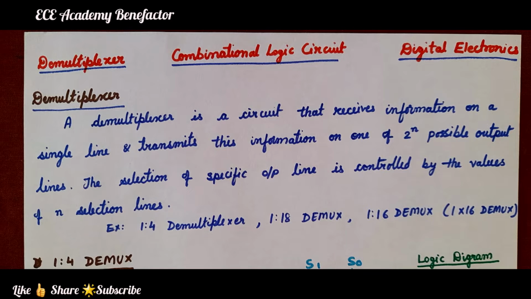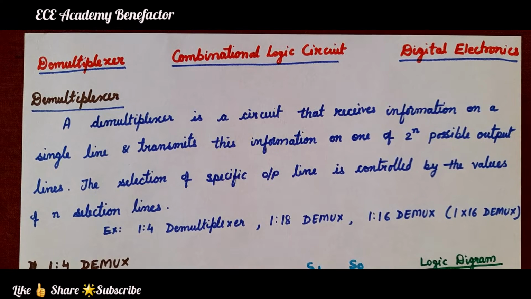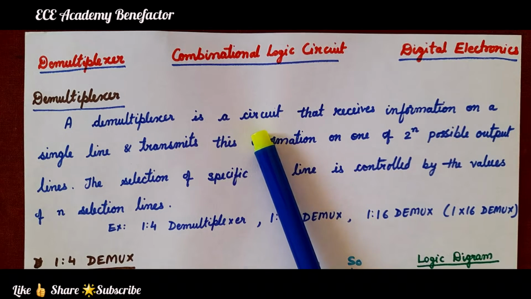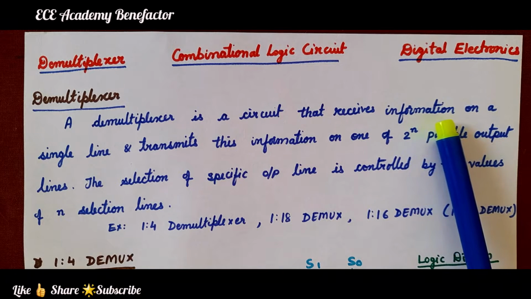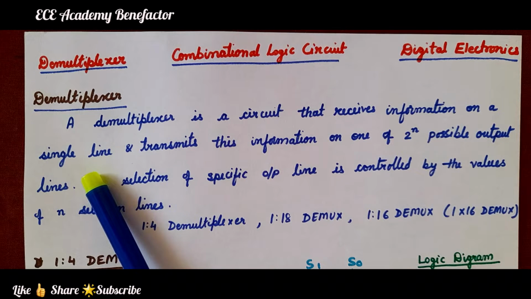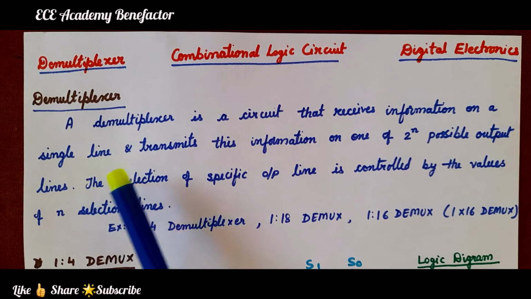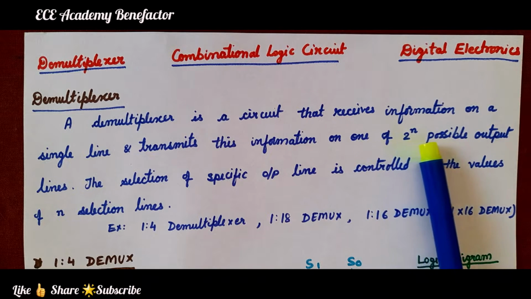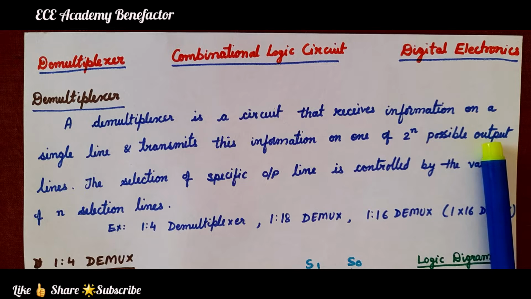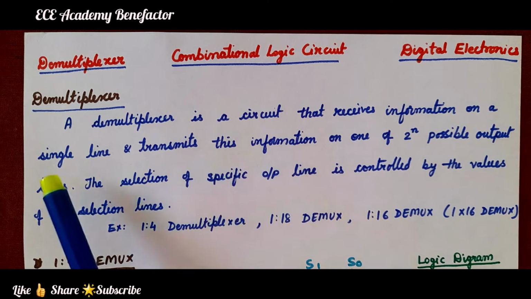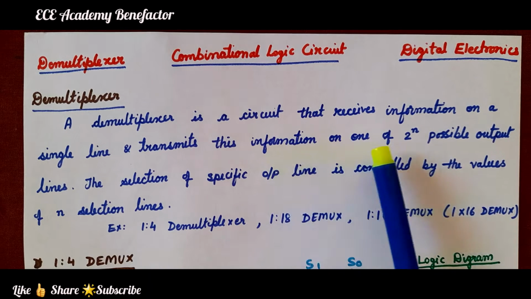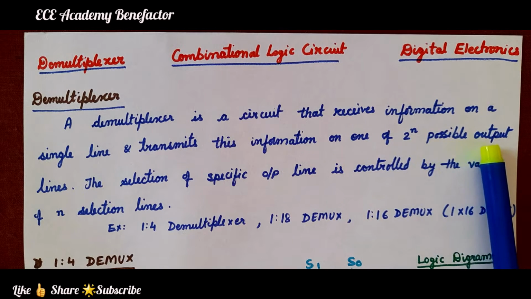Before doing it, let us define what is a multiplexer. Multiplexer is a combinational logic circuit that receives information on a single line and transmits this information on one of the 2 to the power n possible output lines.